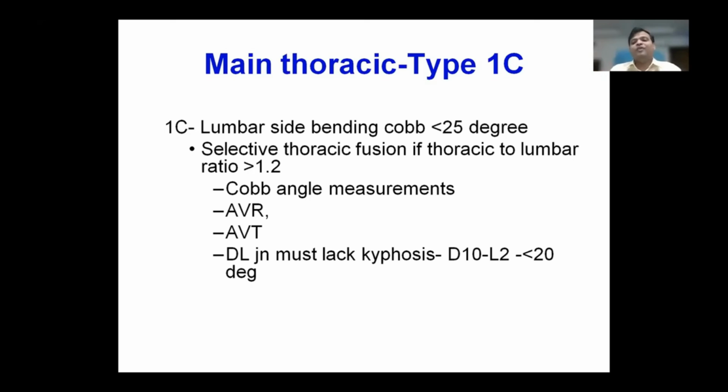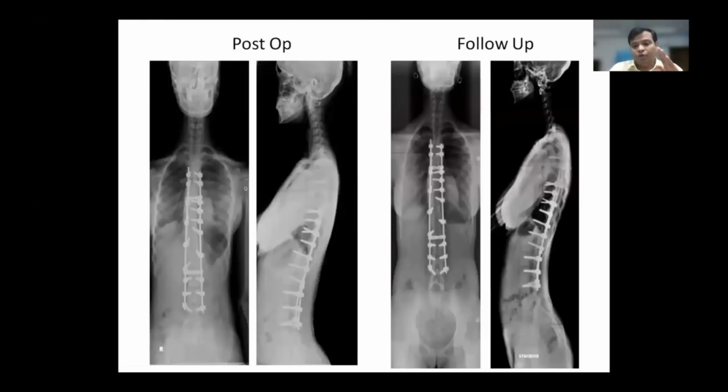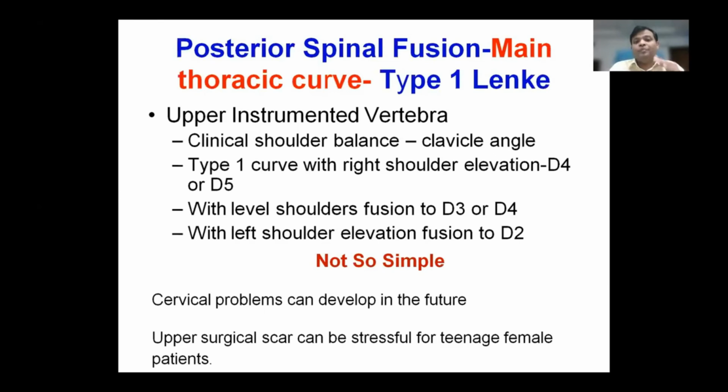But here you have to be careful. You have to leave some angulation at the lower instrumented vertebra to accommodate the lumbar curve. That's an example of, again, 1C, where this 1.2 criterion wasn't satisfied. We went ahead and did a long fusion.